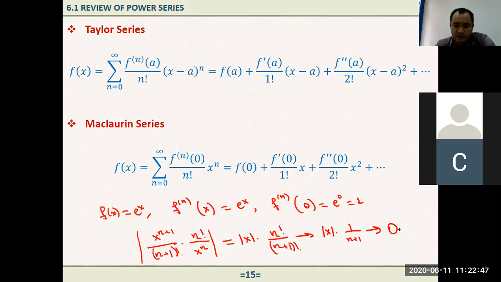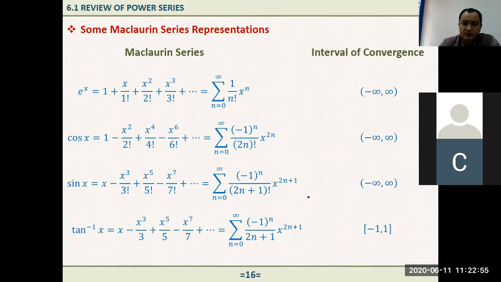It's always 0, and 0 is always less than 1. That means for every value of x, this series is convergent, and that's why the interval of convergence is from minus infinity to infinity. That is the Maclaurin series representation of e to the power x.